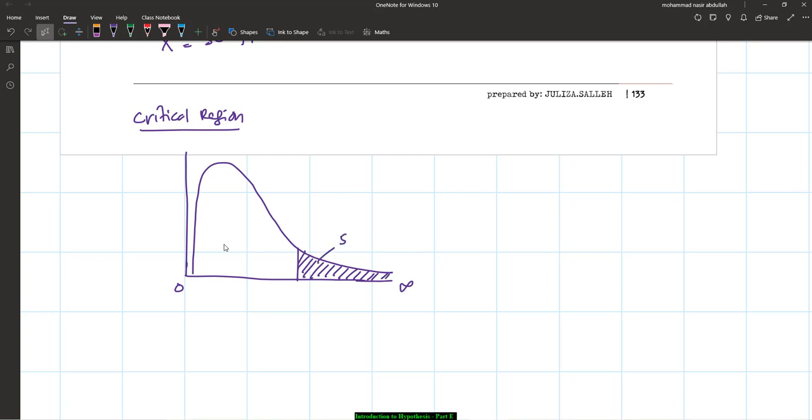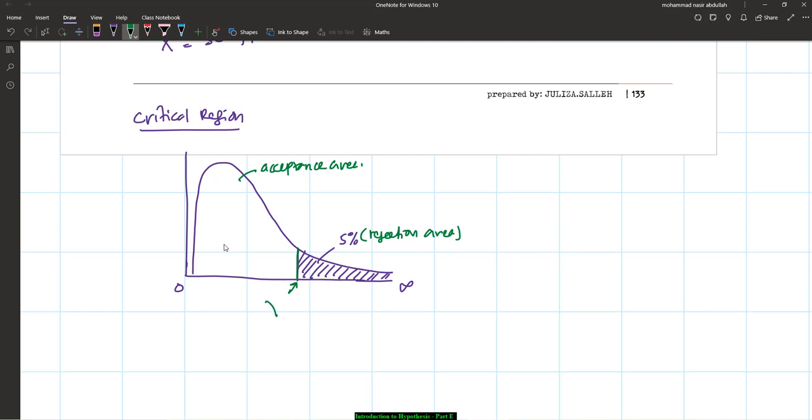So this is going to be 5%, also indicated as the rejection area, and this is what we call the acceptance area, right? So we want to find this value, which is what we call the critical value.